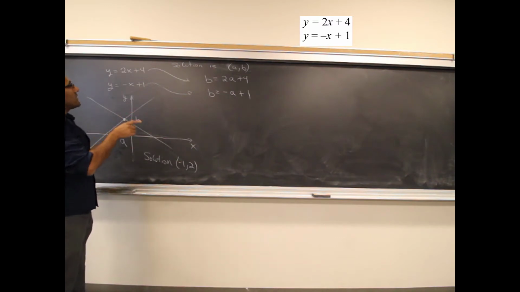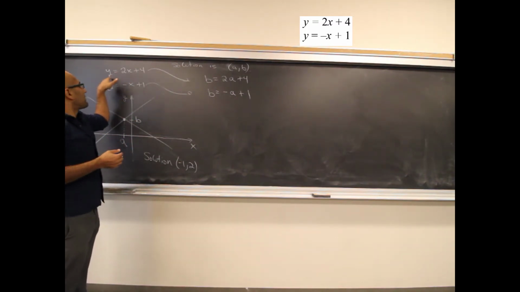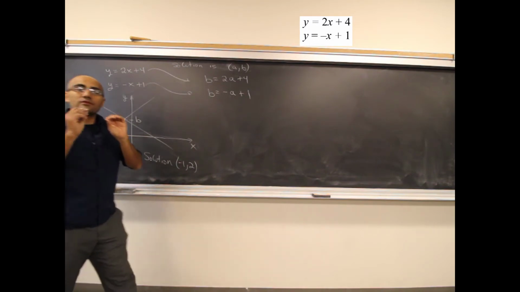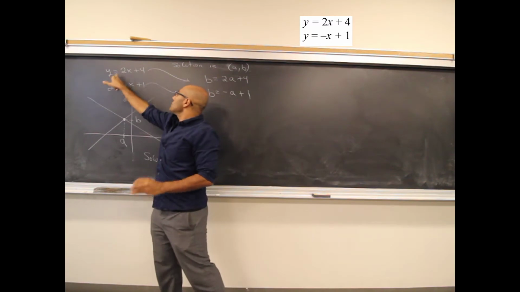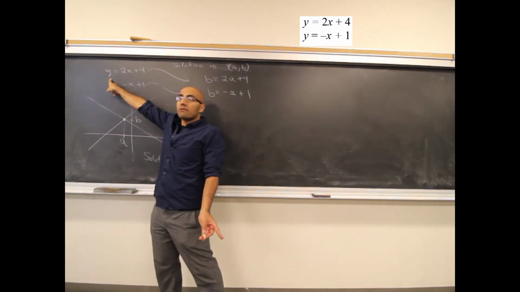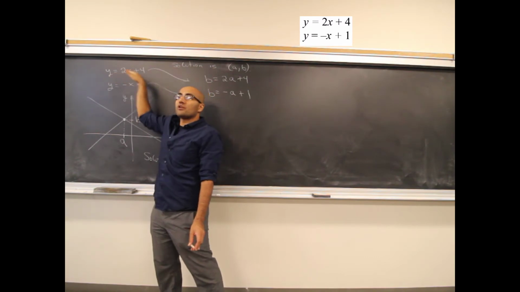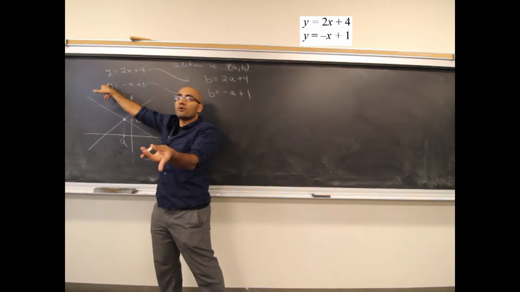Okay, so now it's a very subtle distinction, because really all I did is change the x's for a's and the y's for b's. But there's a very subtle and important distinction here. Up here, this represents any input and any output pair. This is describing a relationship, a situation where you give me an input, I'm going to double it, add 4, that's the output.